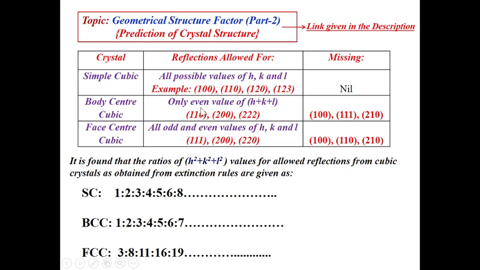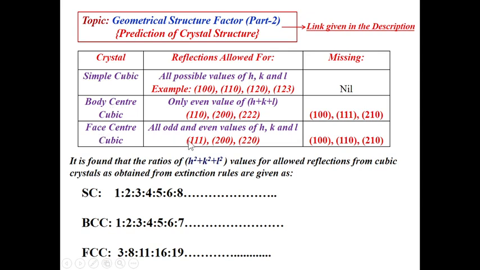And this relation we found last semester when we discussed the topic geometrical structure factor part 2. So here I am going to give you the link of this topic, you can refer to it for this relation, to see how we got these relations. For body centered cubic, only even values of H plus K plus L are possible, and these planes are going to be missing in body centered.